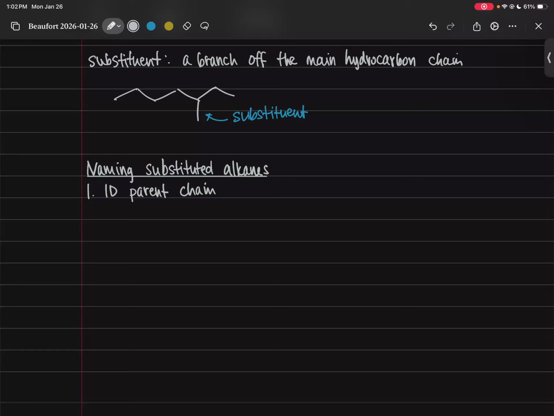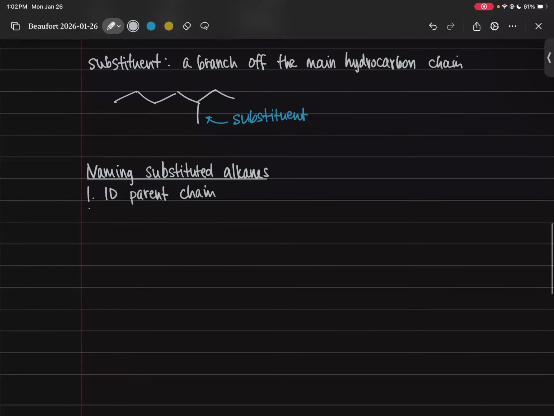But we're going to see that sometimes it's not always drawn horizontally. And there may be some question as to whether the parent chain is the longest one. Generally speaking, unless there's some sort of heteroatom, the longest chain is going to be the parent chain, the longest continuous chain of carbons.